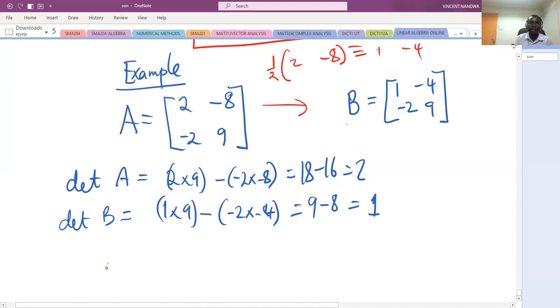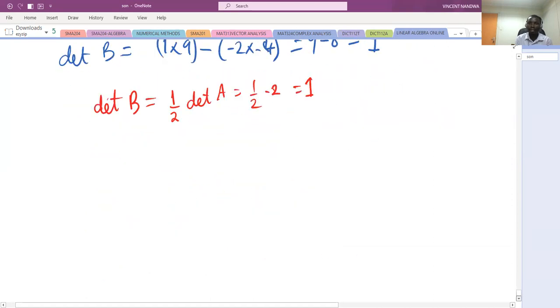So determinant of B is the same as a half times determinant of A, which is a half times 2, and you get 1.